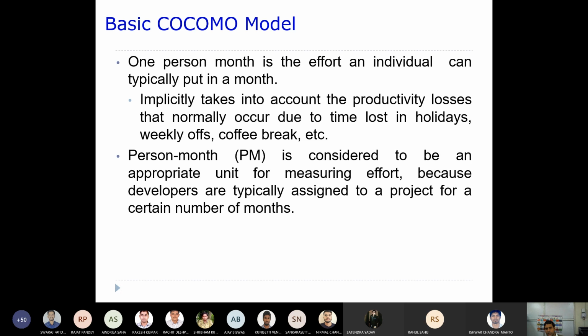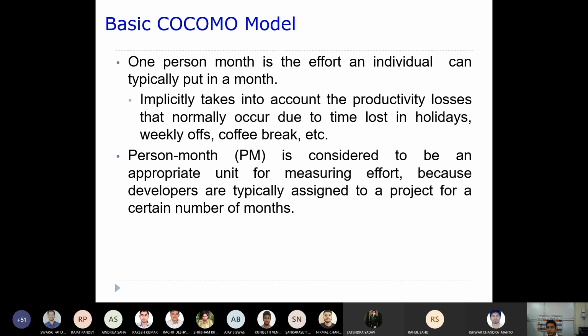It implicitly takes into account the productivity losses that normally occur due to time lost in holidays, weekly offs, coffee breaks, etc. Boehm derived the expressions by taking data from various similar projects, and he considered these productivity losses.